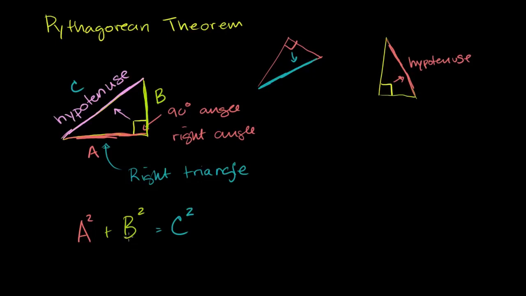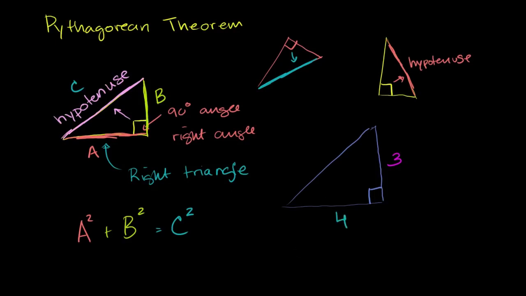Now, let's do that with an actual problem, and you'll see that it's actually not so bad. Let's say that I have a triangle that looks something like this. They tell us that this is the right angle, that this length right here is 3, and that this length right here is 4.